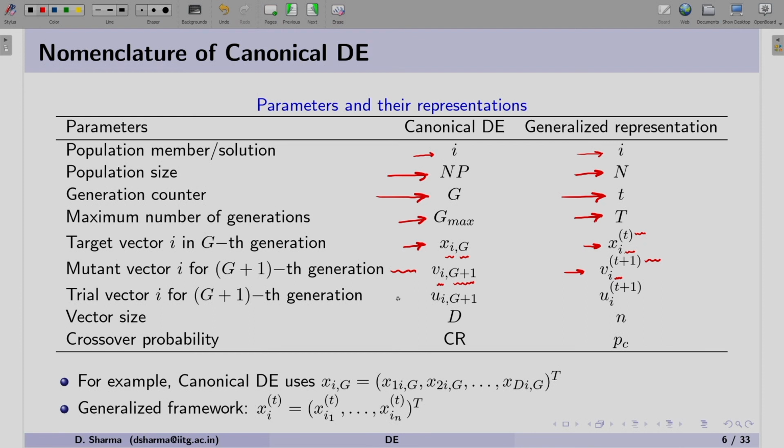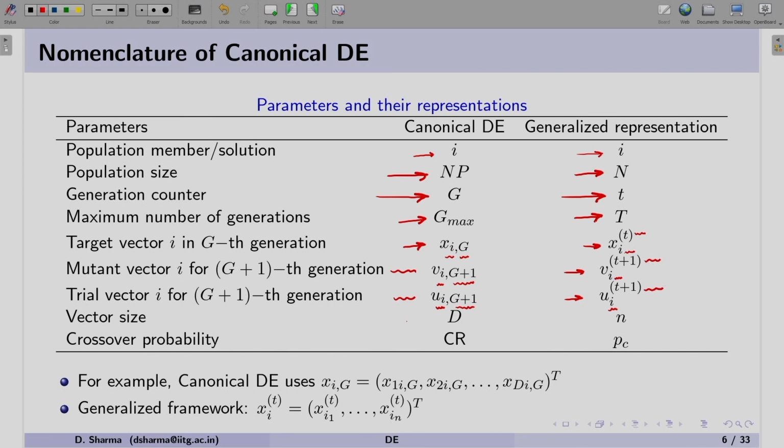Thereafter, we have a trial vector, and again in DE they have used I and G plus 1 in the subscript. In our representation, we are using U, with I in the subscript and t plus 1 in the superscript.